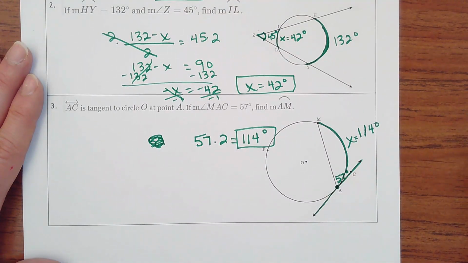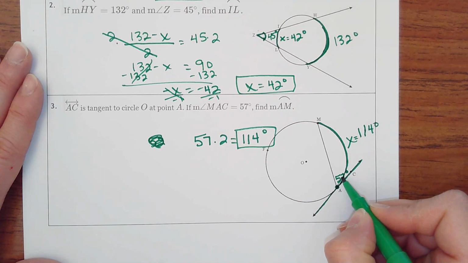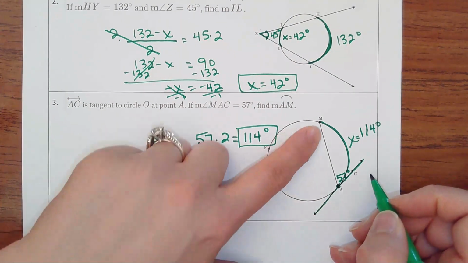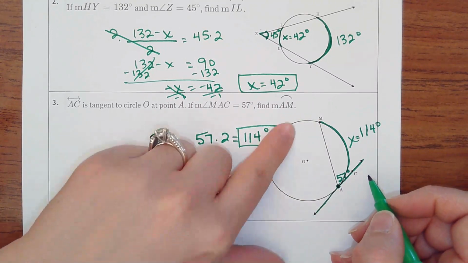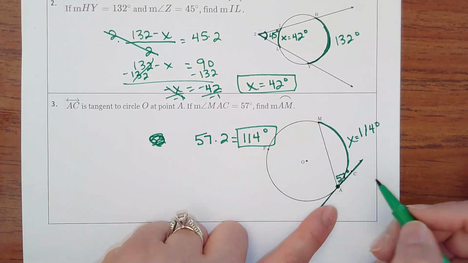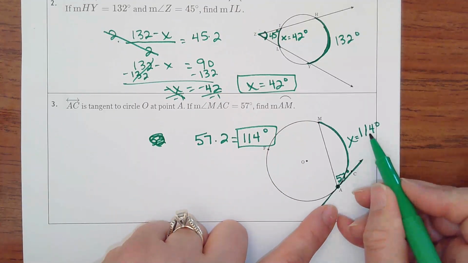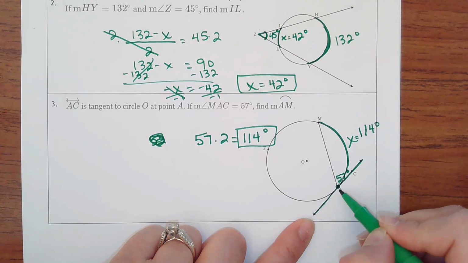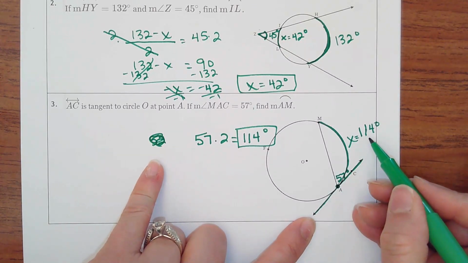Something else I want to point out is, let's say they gave us this angle, but then they wanted us to find measure of arc AM on this other side. Say this was ALM, the major arc. There's a couple different things you could do. You could find this minor arc, and then since you know that there's 360 degrees in a circle, you could do 360 minus this.